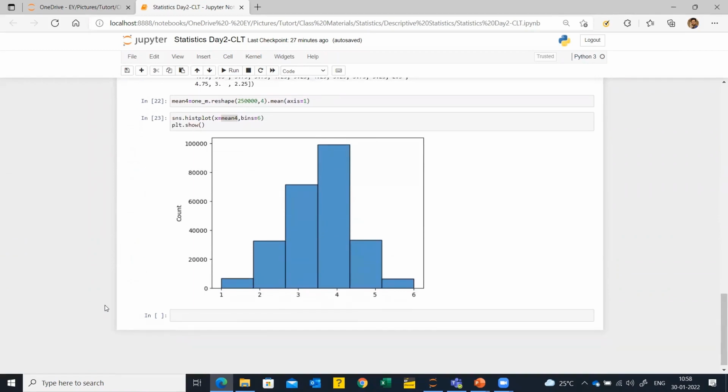If you have any question, do let me know. You have plotted this. So this is a normal distribution. So the first part is done.